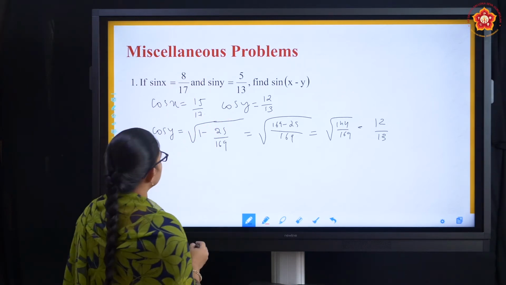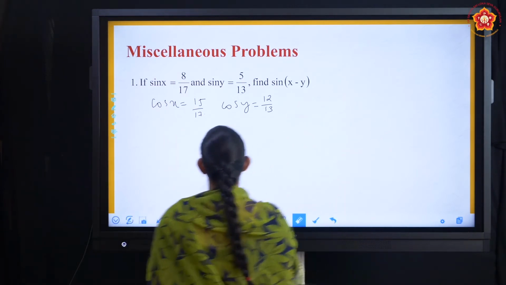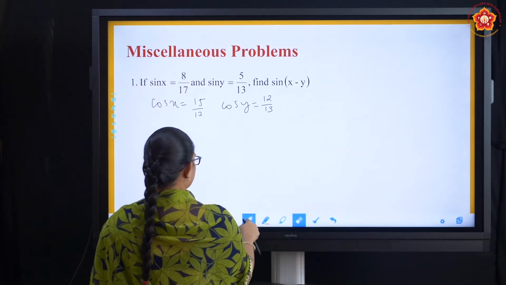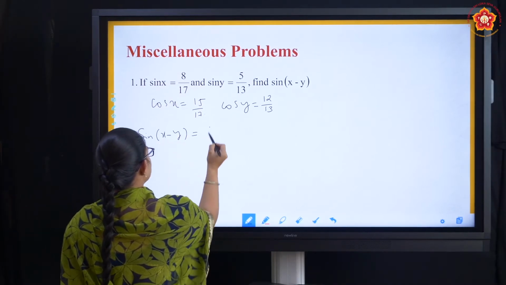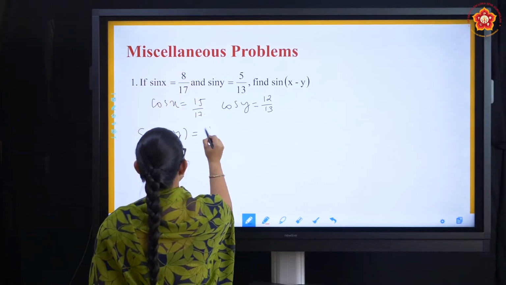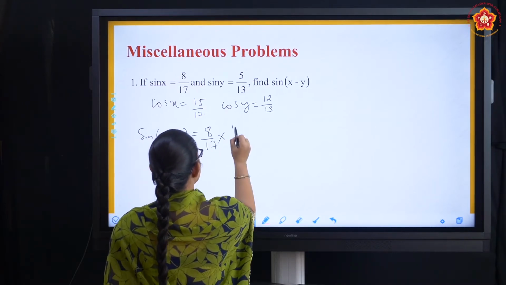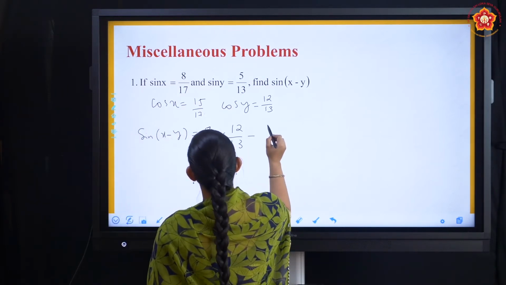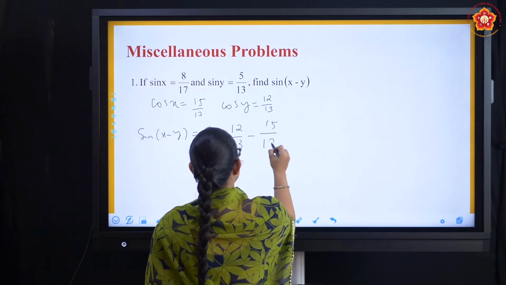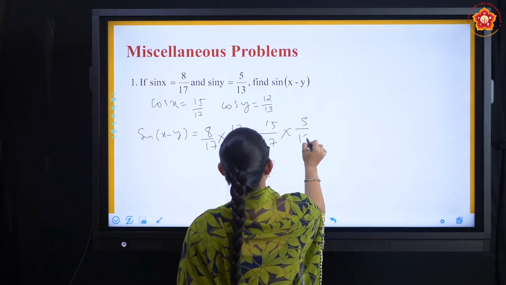Now substitute in the sin (x minus y) formula. Therefore we have sin (x minus y) is equal to sin x cos y minus cos x sin y. So sin x is 8 by 17 into cos y, cos y is 12 by 13, minus cos x, which is 15 by 17, into sin y, sin y is 5 by 13.